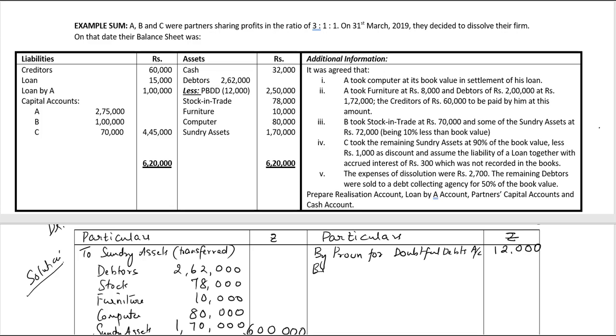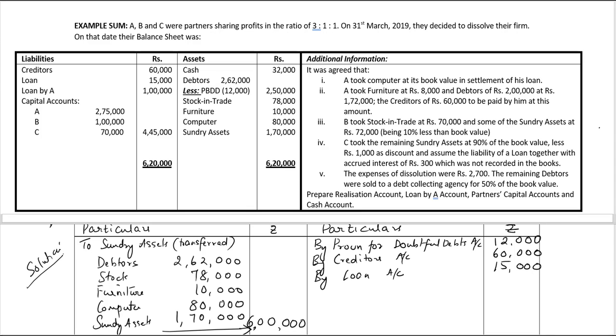By creditors account, 60,000 rupees, by loan account, 15,000 rupees. The loan by A. A has given a loan to the firm. It's an internal liability. We will open a separate account for it. The balance sheet items are done. Let's go to the additional information.